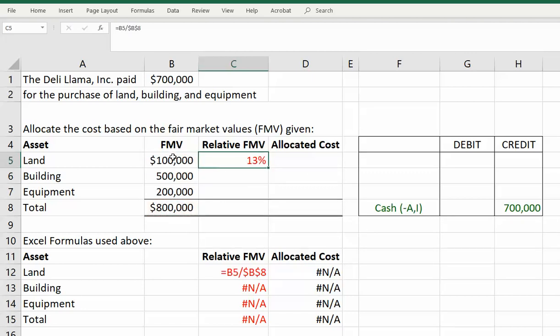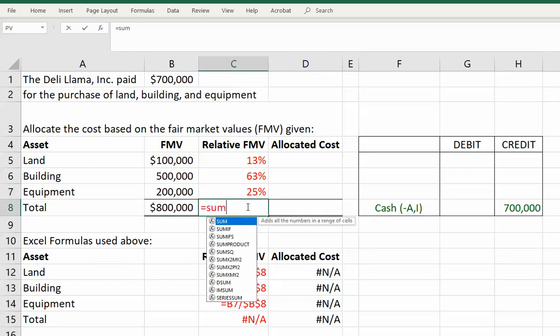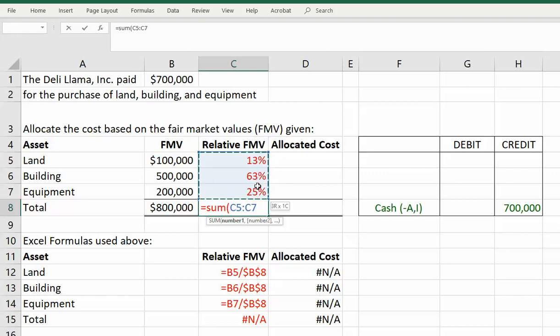So this is 13%, which is 100,000 divided by the 800,000. Then I'm going to copy this down, because that formula will give me this divided by this for 63% and this divided by this for 25%. And I'm going to prove that my formulas are correct by summing these all up, because it should equal 100%, and it does.